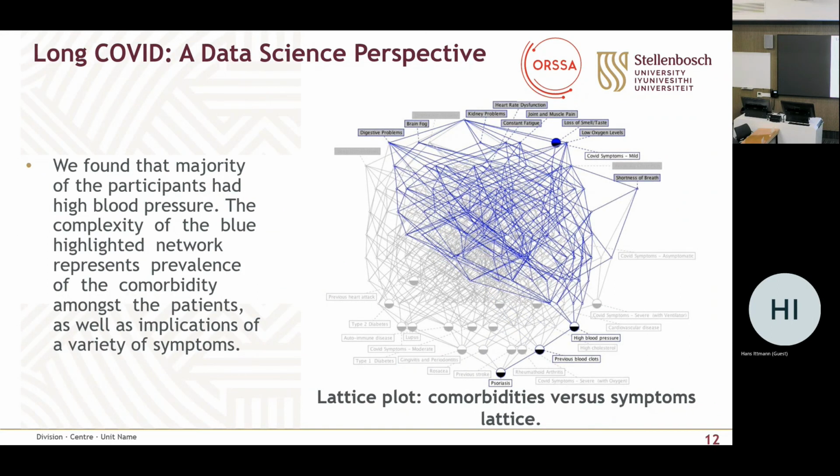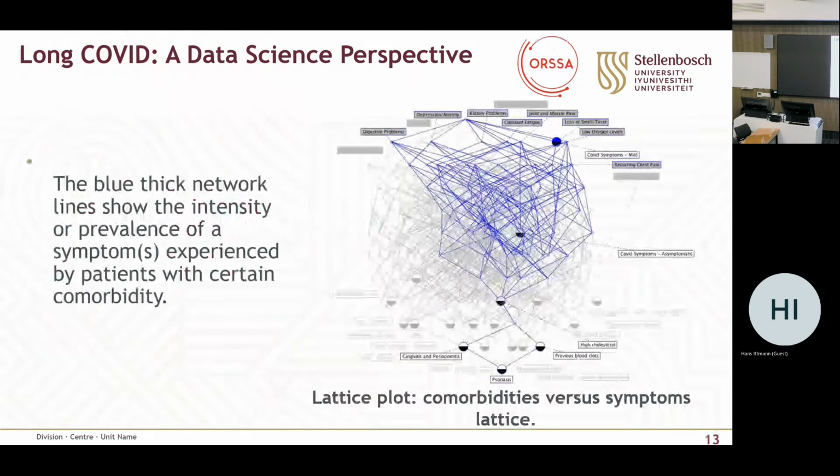But the main issue with long COVID is that many of the participants or long haulers had high blood pressure as a comorbidity.